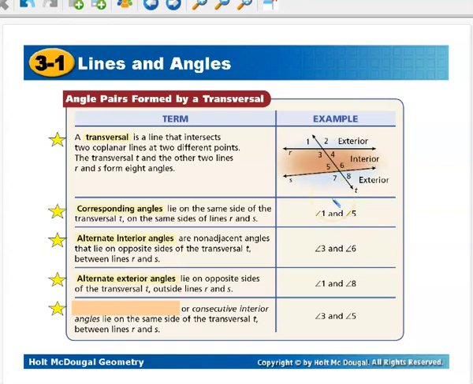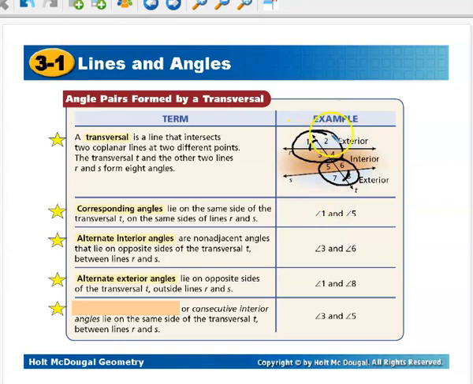Alternate exterior angles, very similar. But now we're looking for angles that are on the outside and alternate or on opposite sides of both the transversal and in the group of angles. So angle 1 and angle 8 would be alternate exterior.